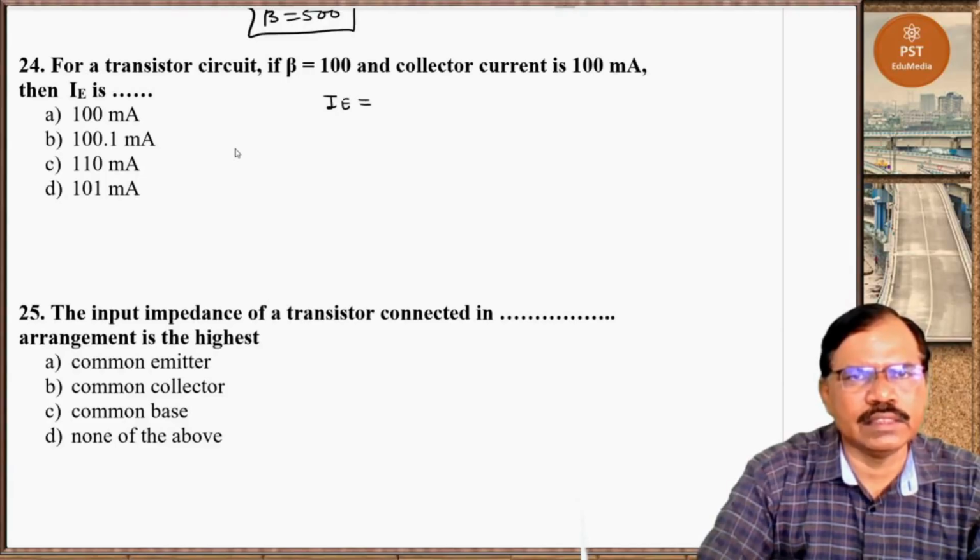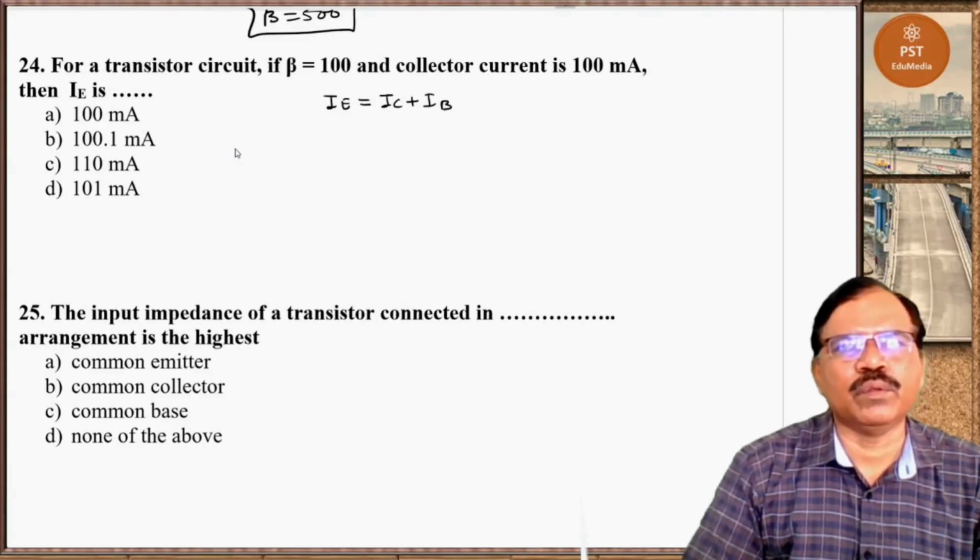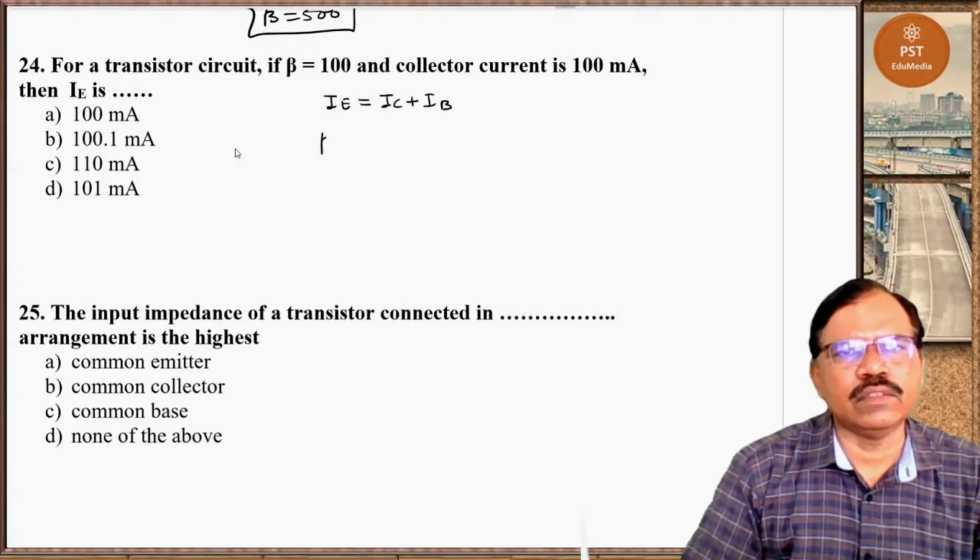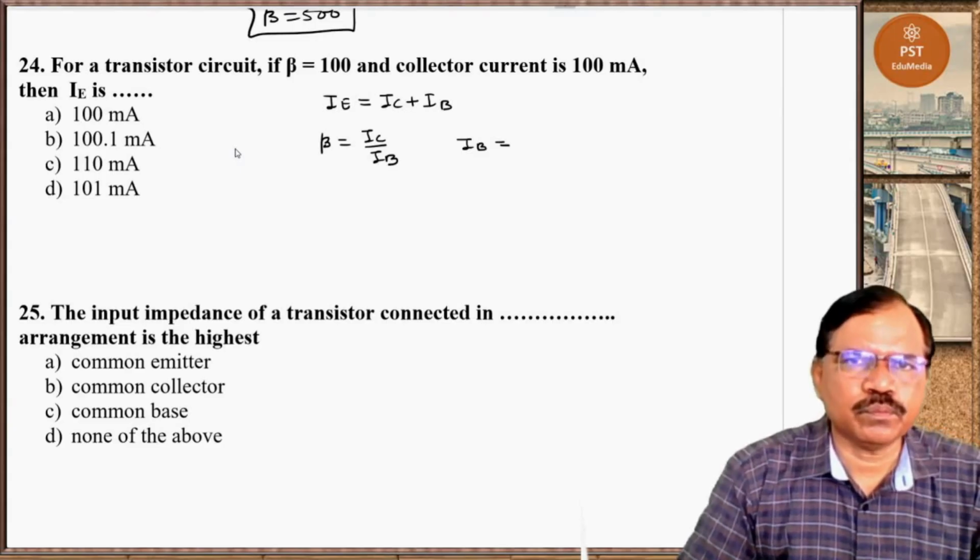So IE is equal to IC plus IB. And we know beta is equal to IC upon IB. So IB is equal to IC upon beta.